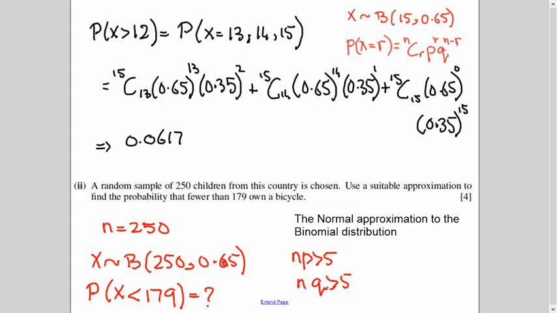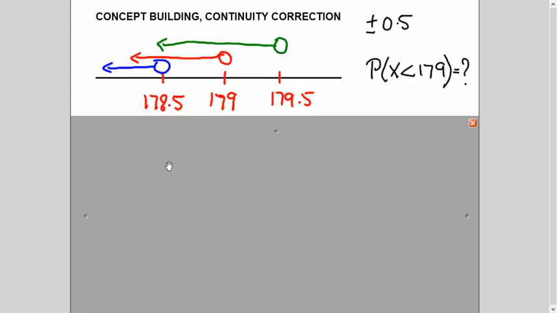I want to build a concept of continuity correction here. When the question is saying probability of X less than 179, you have to add 0.5 or subtract 0.5. You have to decide it, to change this discrete data into continuous data. So how will you decide? I'll tell you the formula also, but let's develop a concept here.